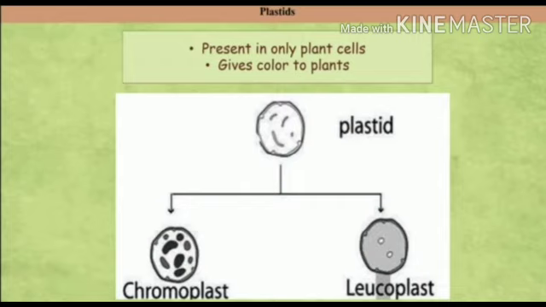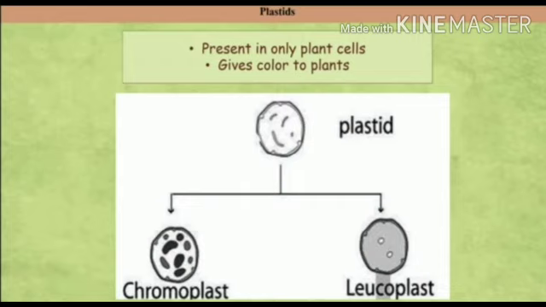Plastids have a double membrane and are of two types. The first one is leucoplast and the second one is chromoplast. Now the leucoplasts are white or colorless plastids, while chromoplasts are colored plastids.